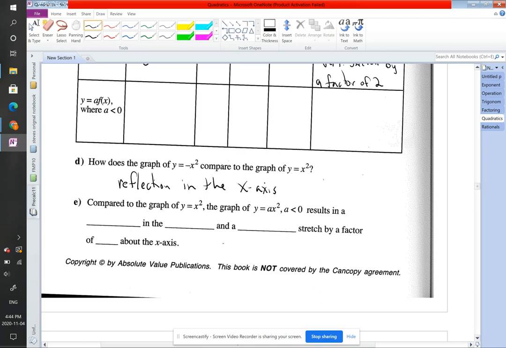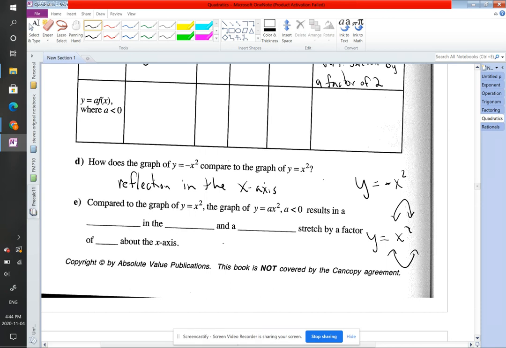I always think that if it's negative, it's unhappy. So it's a frowny face. And if it's positive, it's happy. So it's a smiley face. Whatever way you want to remember. I'm a little bit silly, I guess, in my math memory devices, but that's okay.